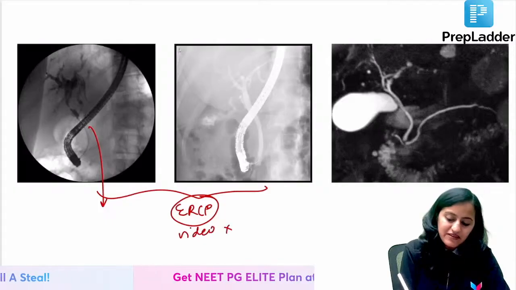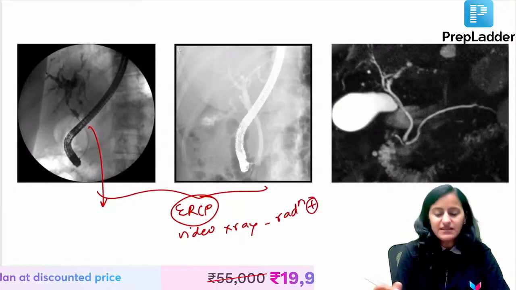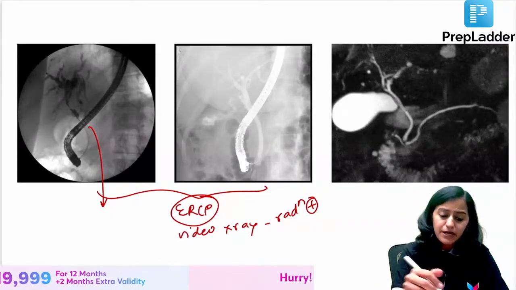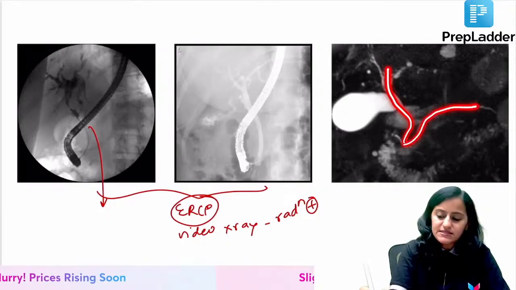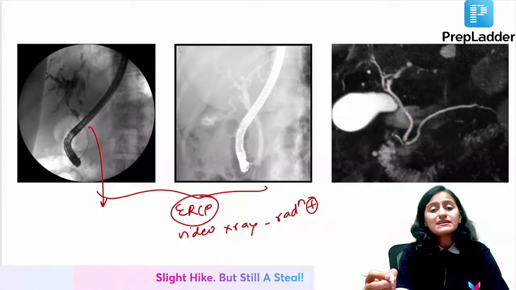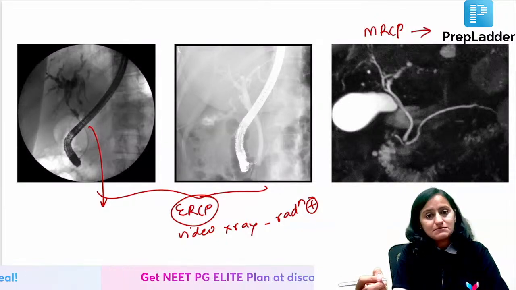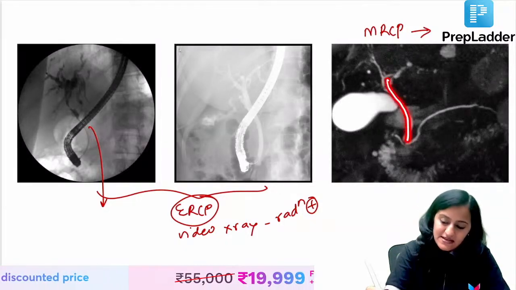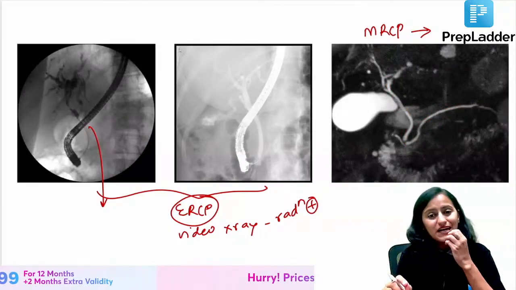Remember, it's a video X-ray. So does it have radiation exposure? Yes, it has radiation exposure. Okay, next one. So what is this one here? You see the CBD, you see the pancreatic duct, but there is no endoscope there. This is going to be MRCP. Okay, MRCP. What is this white in the MRCP? Is it the contrast that we have injected into the ducts?